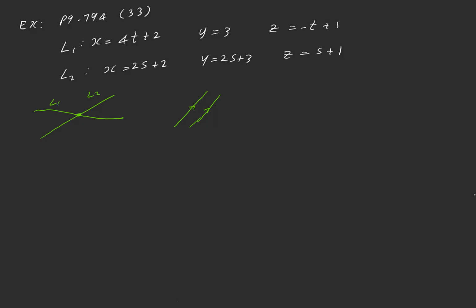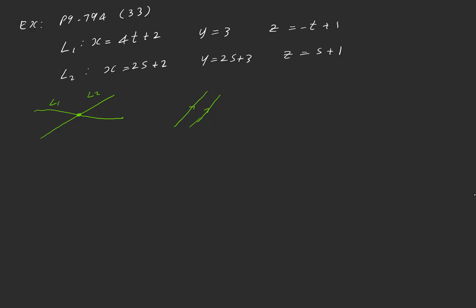It means they don't intersect. First, we check whether the two lines are parallel. If they are parallel, then we know we can't find an intersect point because they are not going to meet.